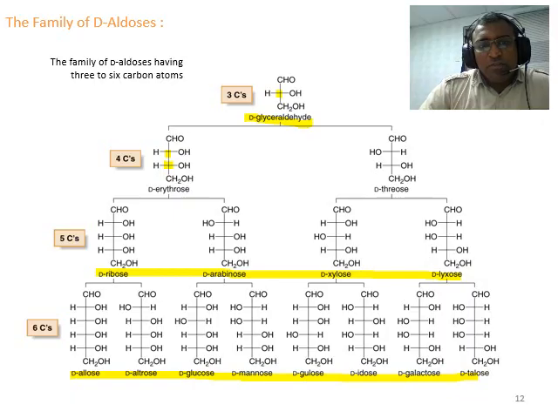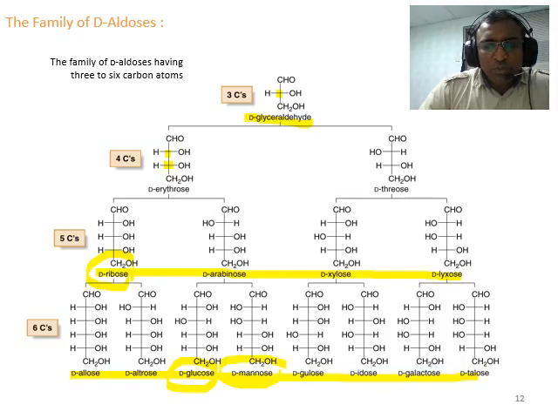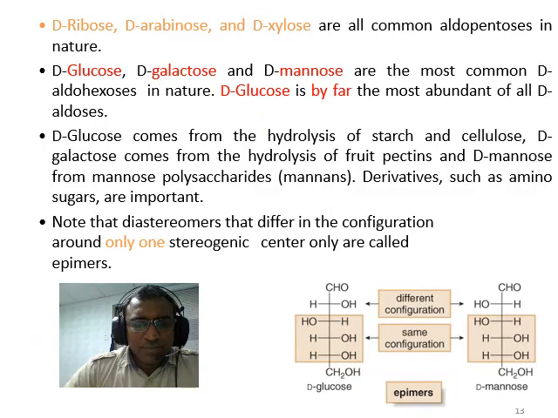So in the family of D-aldoses, the popular ones are ribose. You also have D-glucose, very, very popular. Mannose and galactose are also popular. So here we have spoken about the selected popular aldo sugars. There you have ribose.